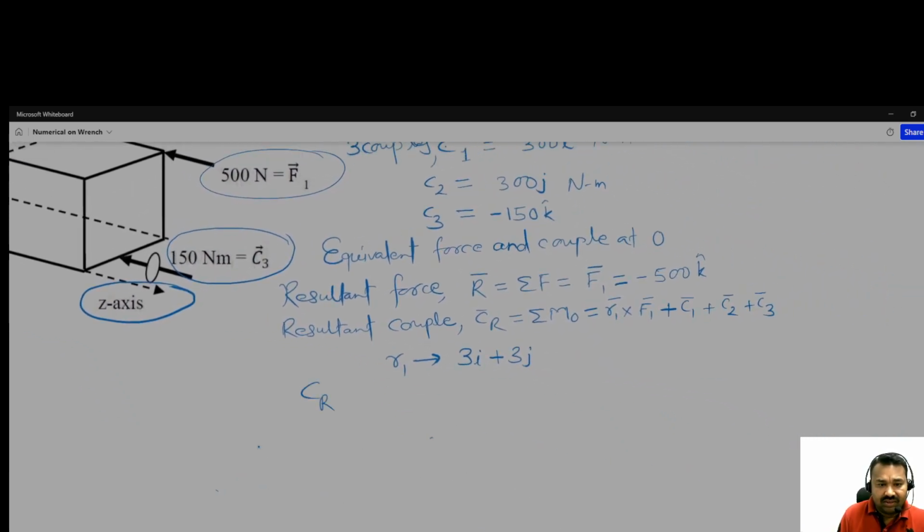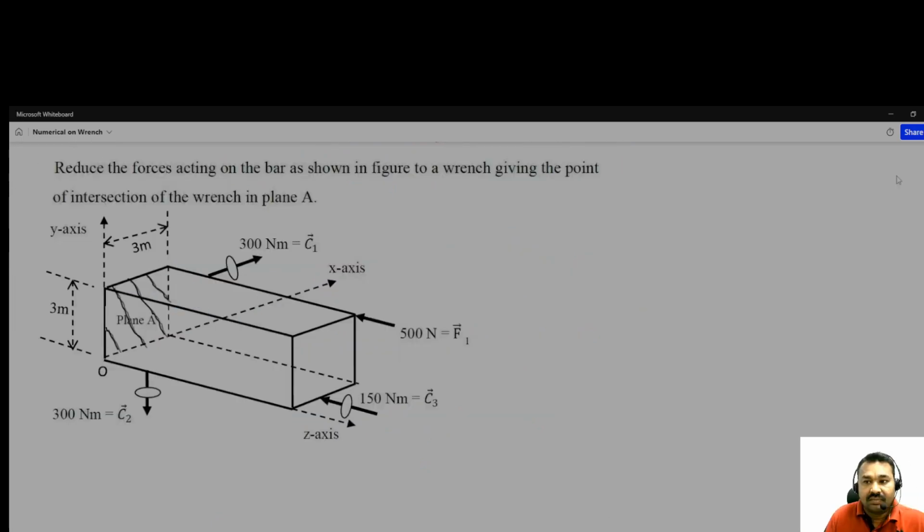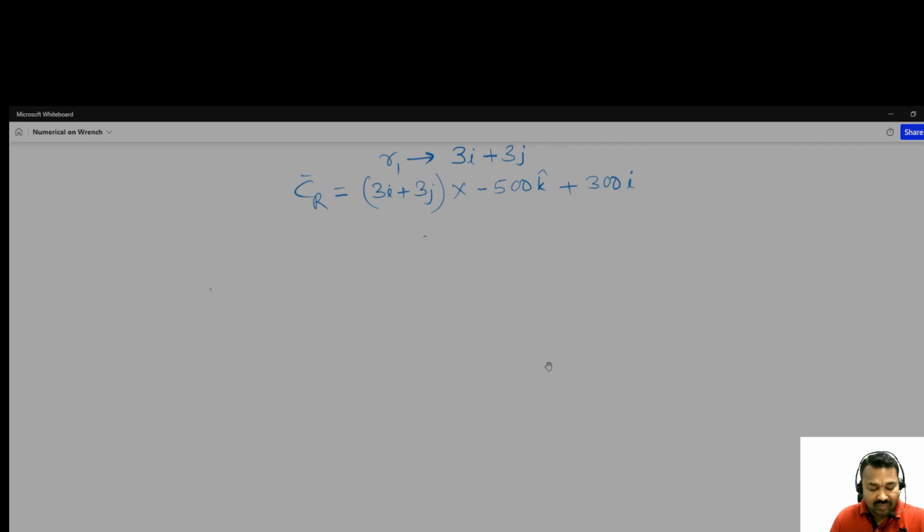So CR can be written as (3I plus 3J) cross F1, and F1 is equal to minus 500K, then plus C1, which is 300I, minus 300J, minus 150K.